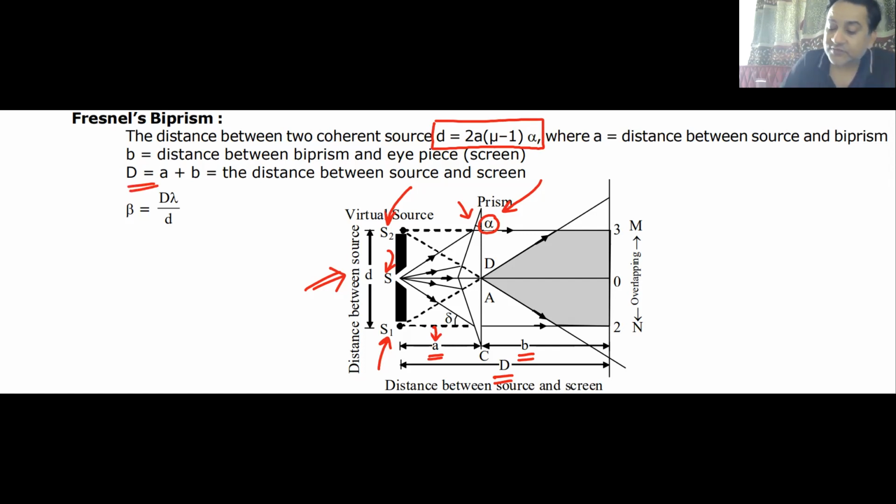Then the total distance becomes a plus b. b is the distance of the prism from the screen. The fringe width is the same, D times lambda by small d, but the value of small d here is given by this formula. Do we understand this? So I'll give you 2 minutes, 3 minutes to draw this diagram. You only need to draw this diagram to understand from where what thing has come.